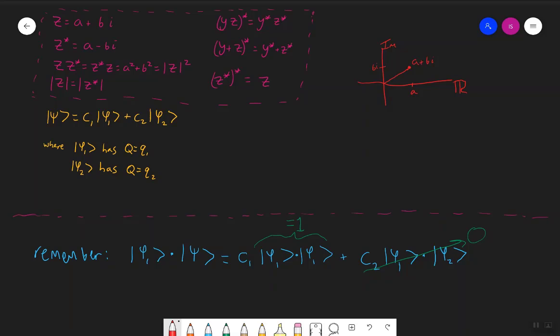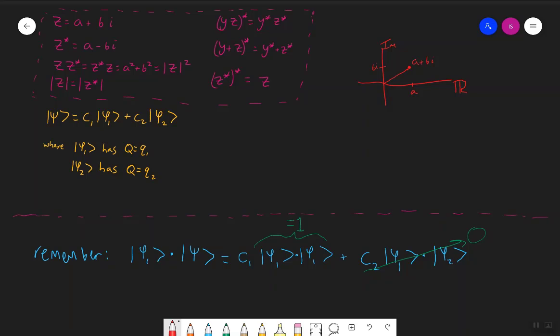And phi1 and phi2 are unit vectors where phi1 has some observable quantity, capital Q, with a definite value of little q1, and phi2 has a definite value of little q2. So you could do that with white and black, or hard and soft, any 2 quantities that are related in that way, where it's either one or the other if you measure it.